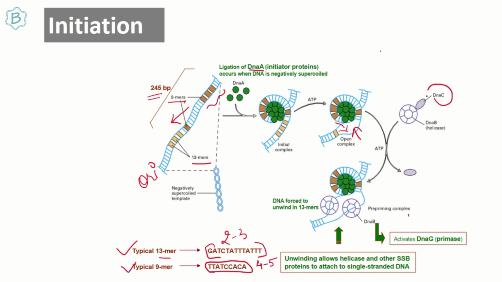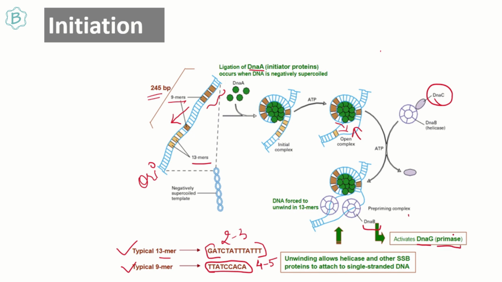As they are exposed, what will happen? DnaC, the helicase loader, will load DnaB, the helicase, and it will place the DNA helicase onto the unwound or exposed DNA strand structure. As soon as the helicase is bound to the DNA strand, it will activate the DnaG protein, or we can say the primase.